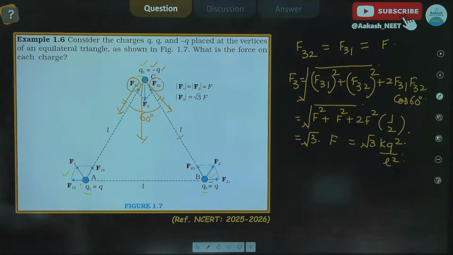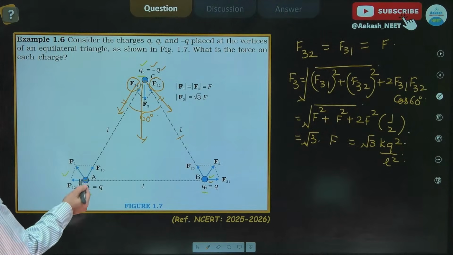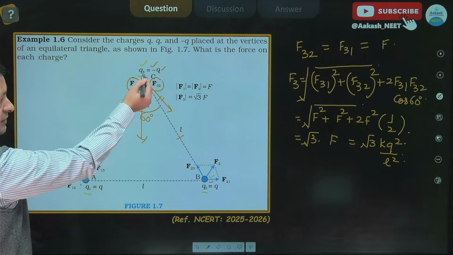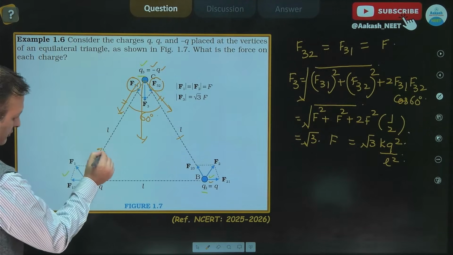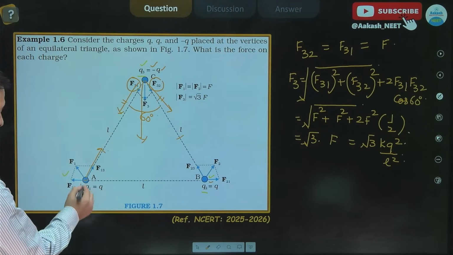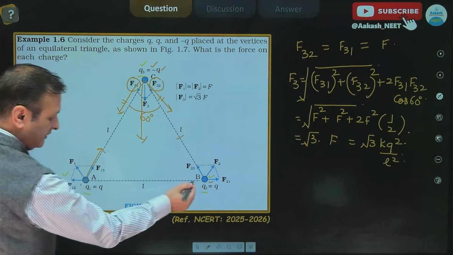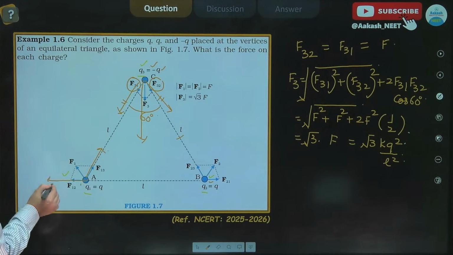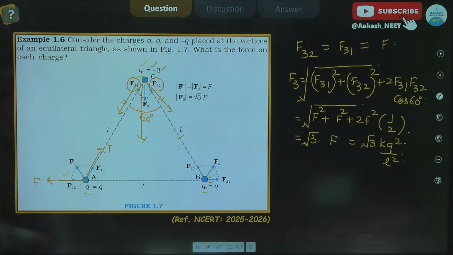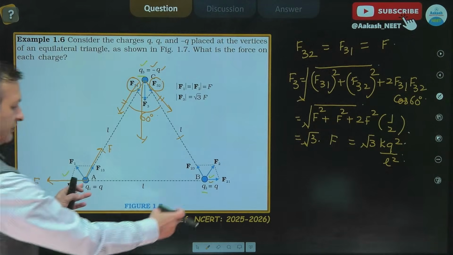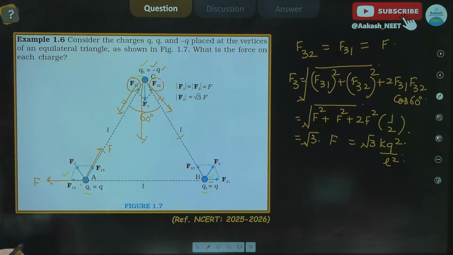Now let's find out the force on Q1. Q1 being positively charged experiences a force due to the charge at C. The direction of force is this one, and this Q1 being positive will be repelled by the charge at B. So this is another force. Magnitude-wise, these two forces are of the same magnitude because we have the same magnitude pair.